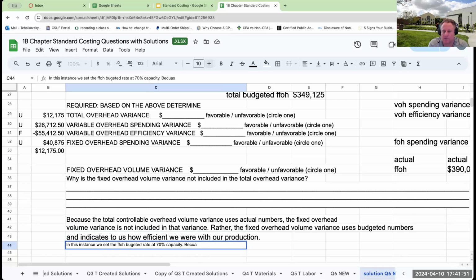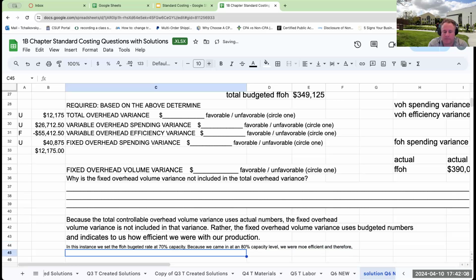Because we came in at an 80% capacity level, we were more efficient, and therefore the fixed factory overhead volume variance is favorable.